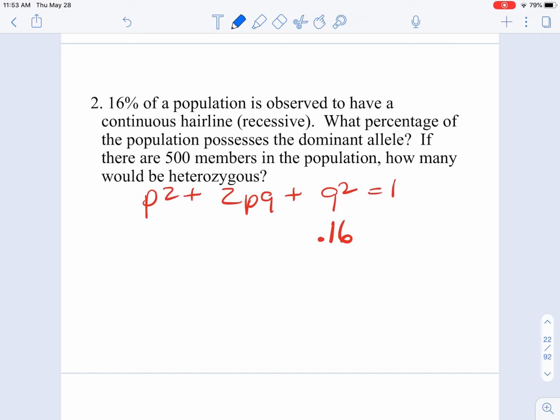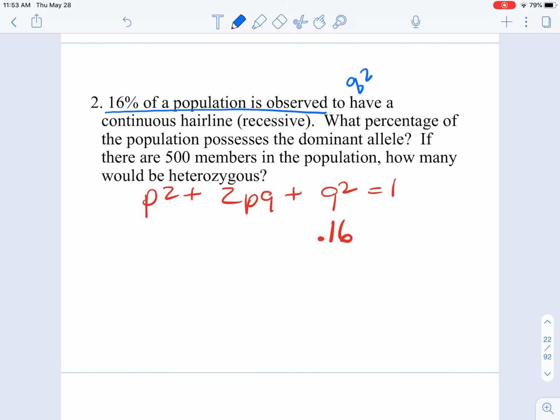The first calculation that you have is this one. And follow along, you can see it's not hard at all. We always are probably going to be given who is recessive. So you're probably always going to be given, almost always, the q squared. And so it says 16% are q squared, so you put that in there. And what you can do with that, this is the big moment of how we can determine the other two groups.